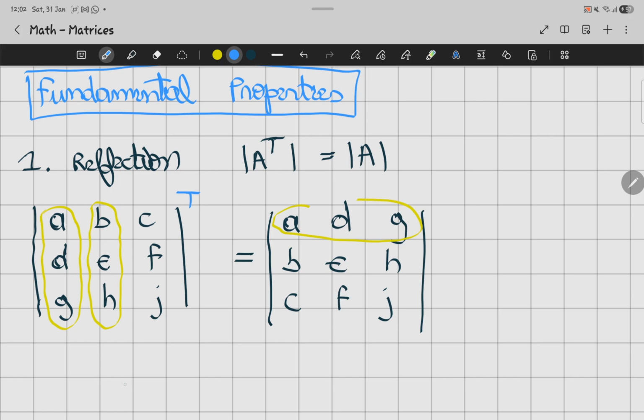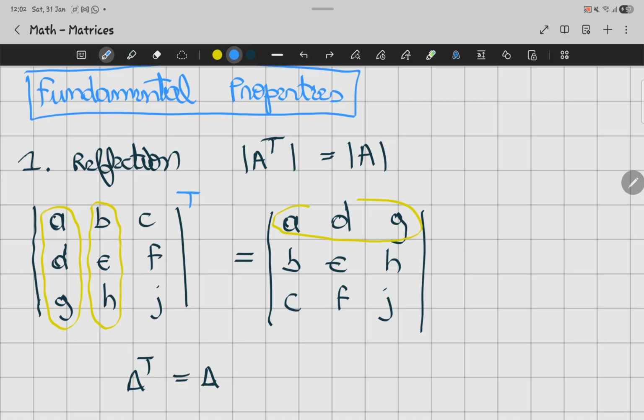It's going to be like, if I may say, something like this. And that symbol that you see here is the one that represents the transpose or reflection of a matrix.